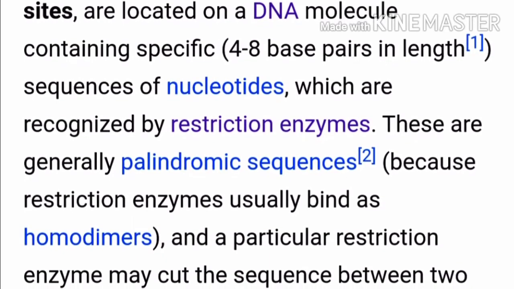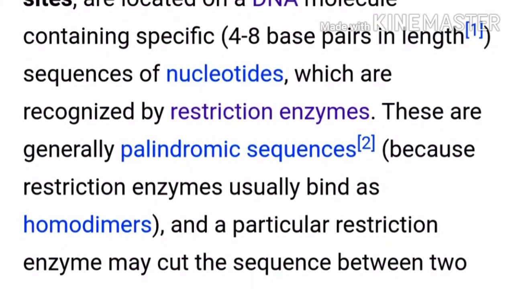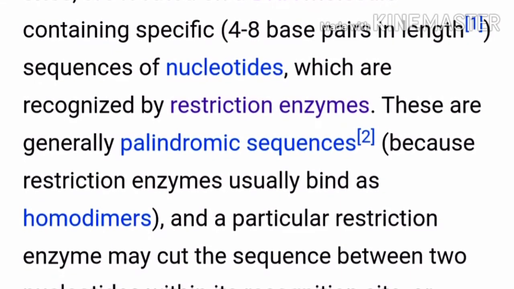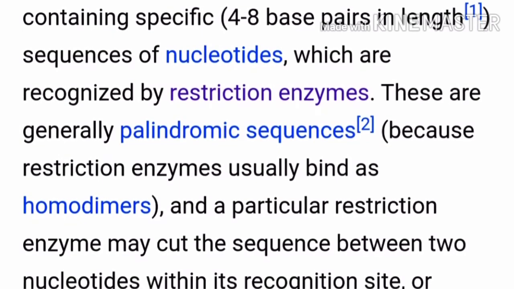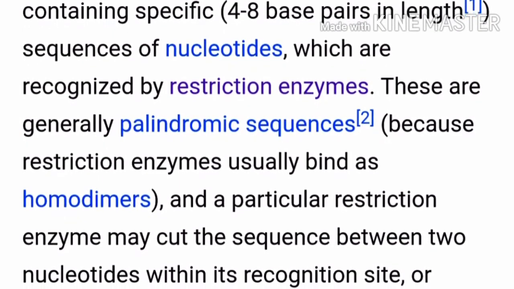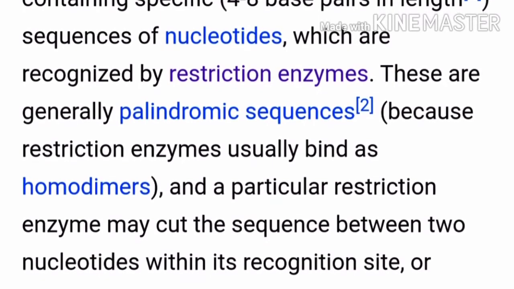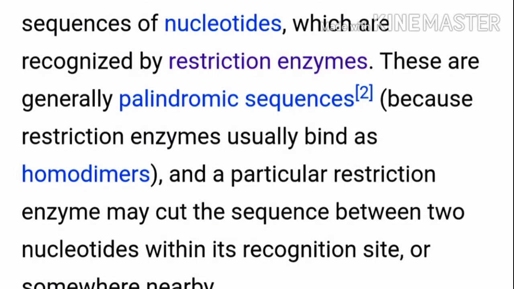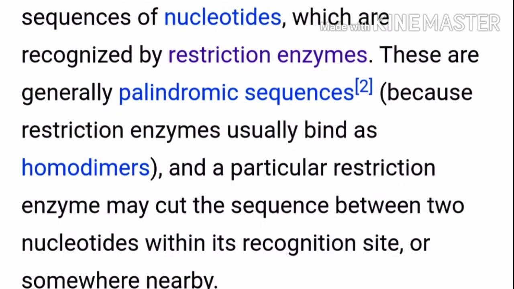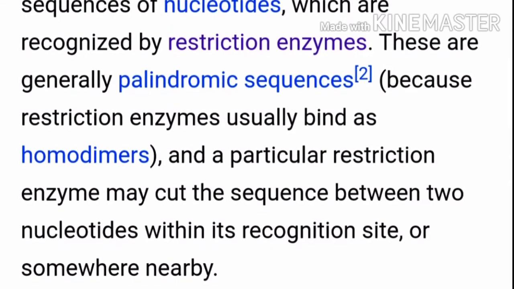Those are generally palindromic sequences because restriction enzymes usually bind as homodimers, and a particular restriction enzyme may cut the sequences between 2 nucleotides within its recognition site or somewhere nearby.